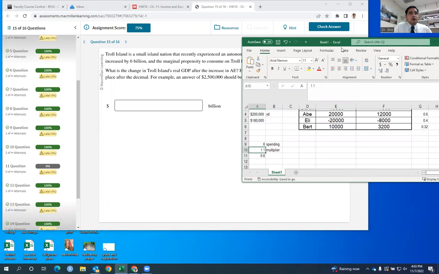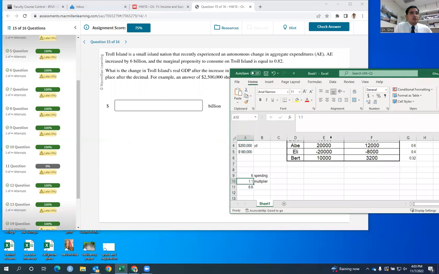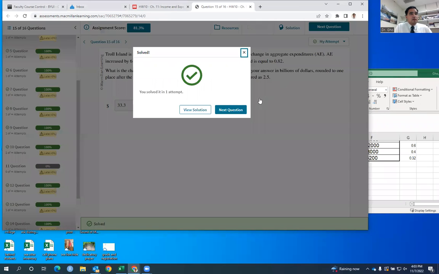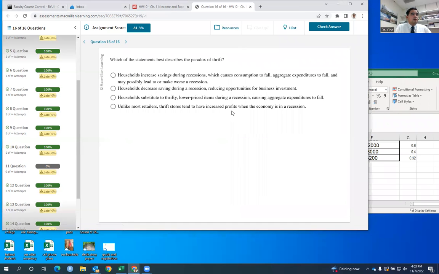But let's figure out the multiplier. The MPC is 0.82. So 1 divided by 1 minus 0.82, the multiplier, that gives us 5.556. And so the change, if I did this right, is 33.3. Oh, it looks like it liked it.